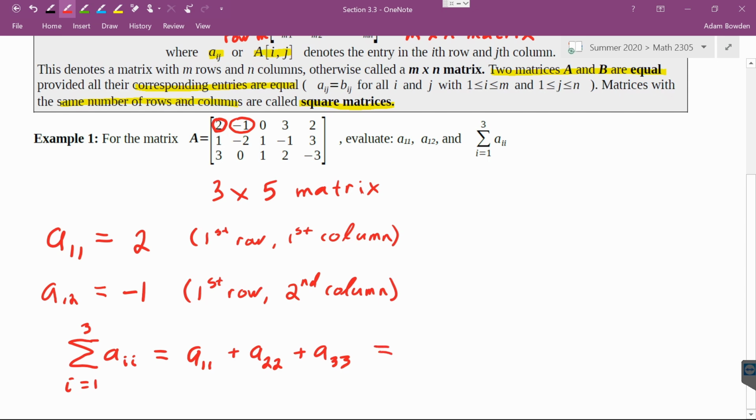Now if we look in the matrix, A sub 1,1 is 2, and A sub 2,2, that's the second row, second column, would be negative 2. So plus negative 2. And then the third row, third column, that would be positive 1. So altogether, that would just add up to 1.